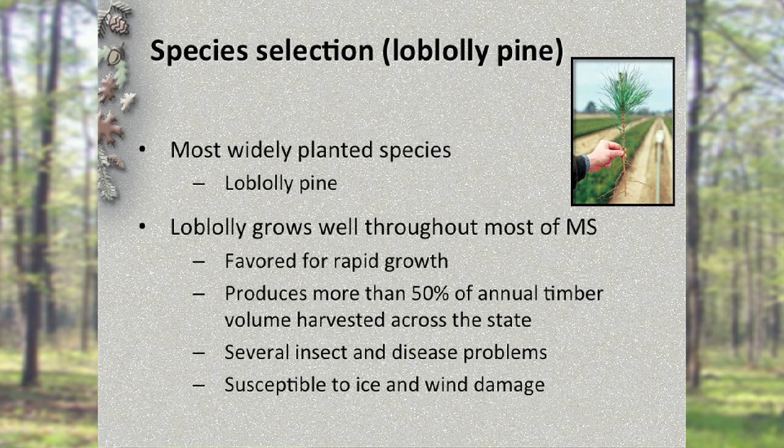So loblolly pine is favored for its rapid growth. It produces more than 50% of the annual timber volume harvested across the state, and it is resistant to some of the insect and disease problems that we encounter. However, it is susceptible to both ice and wind damage.